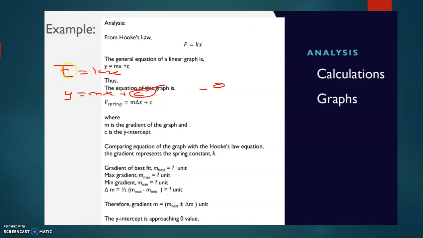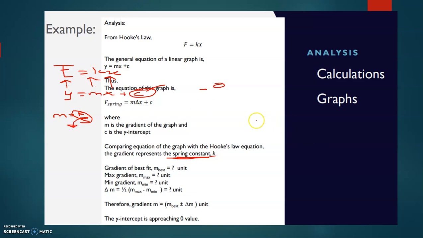So for the y-axis is your force, for the x-axis is your displacement, and the gradient m will be equal to your k. So the gradient of the graph m will be equal to k, which is the spring constant. So this is how we calculate the value of the spring constant by using the graph.